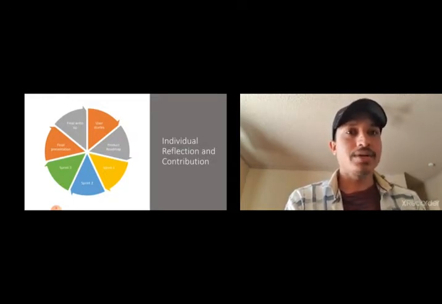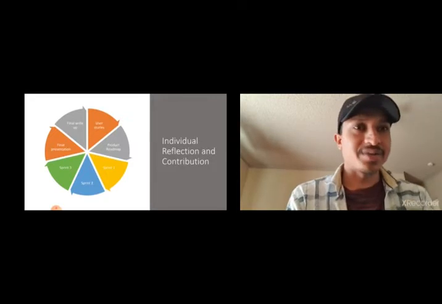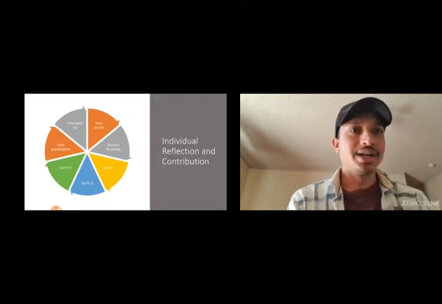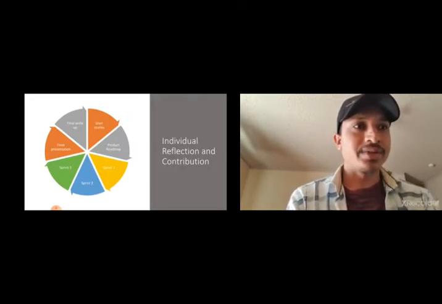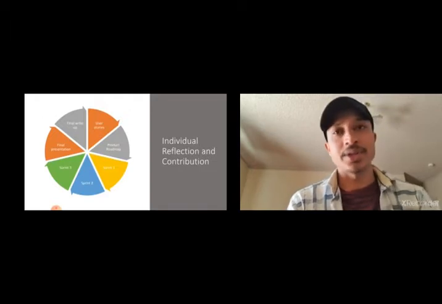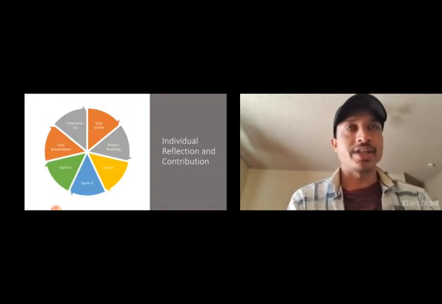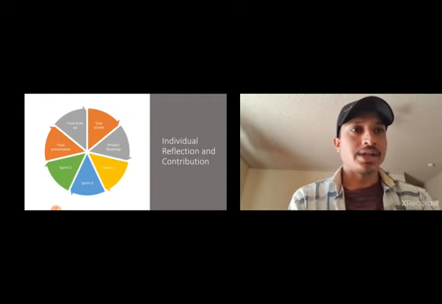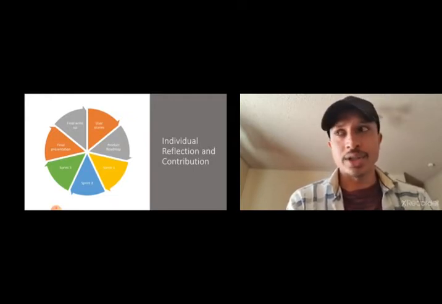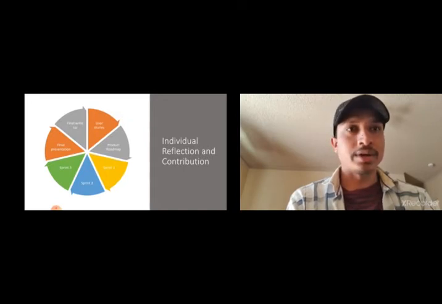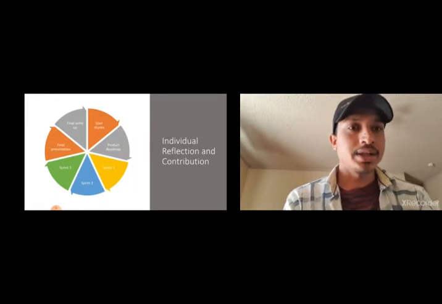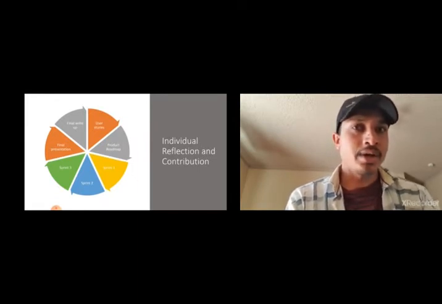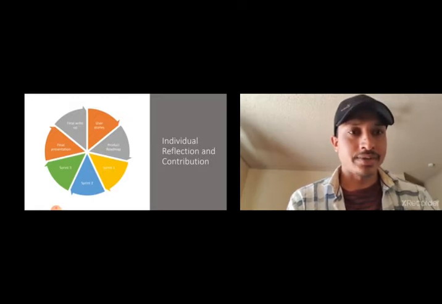Now, starting from the individual reflections and contributions, what I've learned and what I've done in this project of ITech 415 starts from the user stories. At the start of the project there was team formation, then the client selection and project selection, and then we started collecting the user stories.